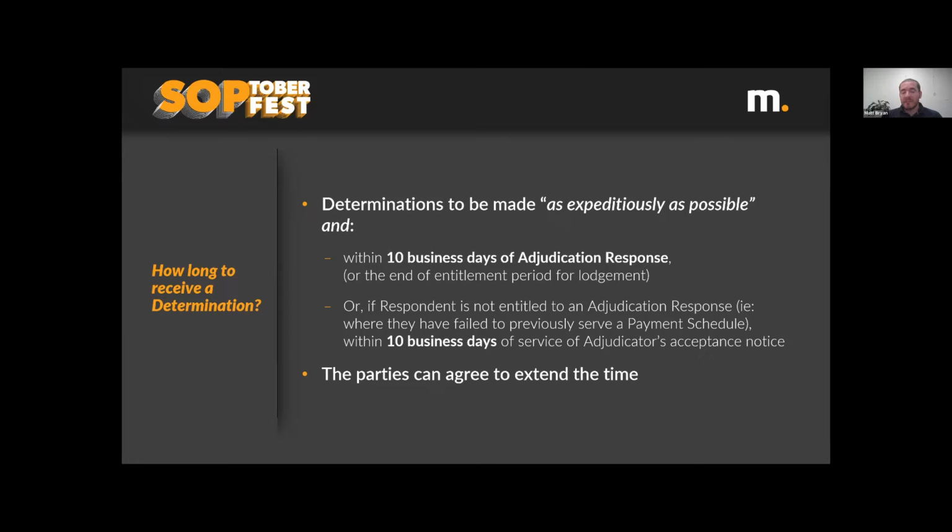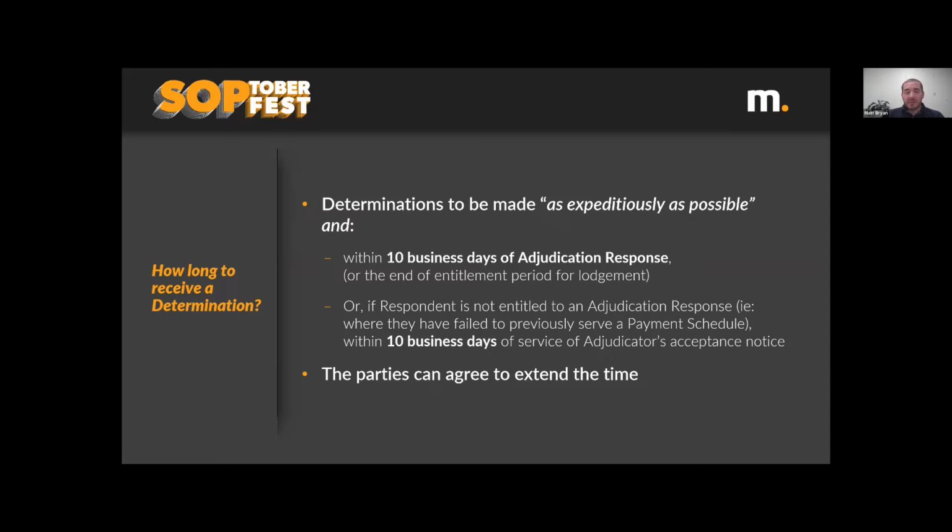Or if, for example, the respondent hasn't put on a payment schedule and isn't entitled under the Act to put on an adjudication response, there's a requirement that the determination be issued within 10 business days of the adjudicator accepting an appointment. So it all happens very quickly, much more quickly than would be the case if court proceedings were commenced.